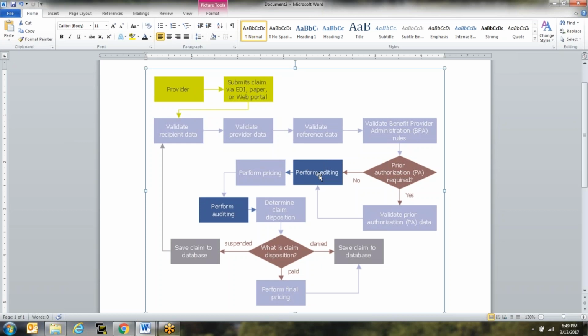Next step is to check the different edits: age-based edits, gender-based edits, network-based edits. And then the system compares the pricing. If pricing and everything is fine, it performs the final audit and makes a final decision: either suspended, denied, or finally paid.